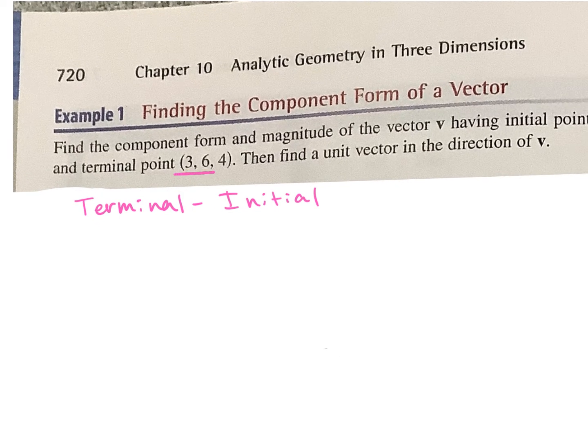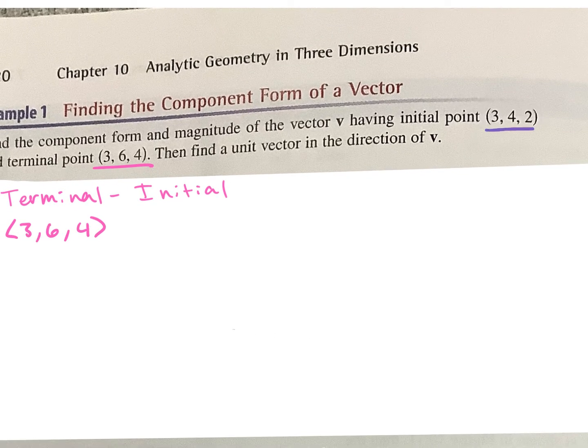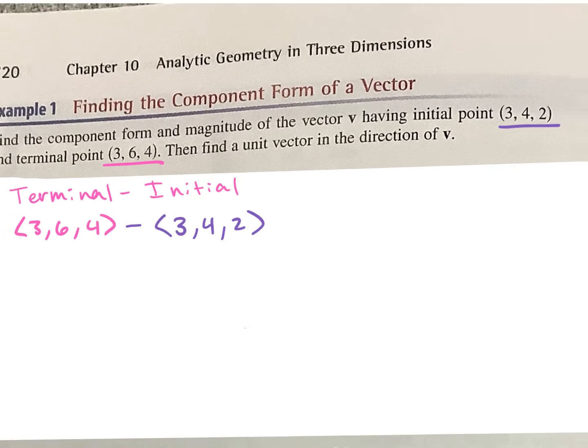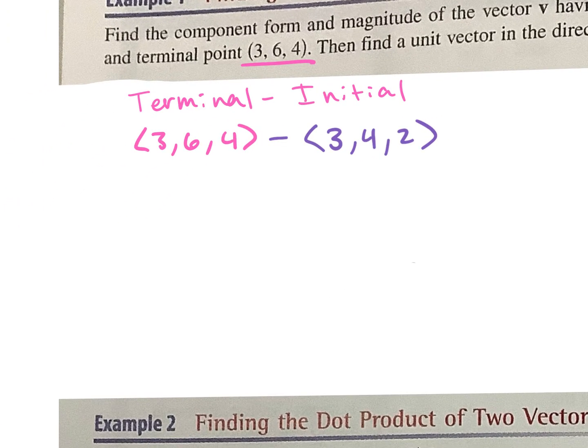So we start with our terminal point, which is (3, 6, 4). And then our initial point is (3, 4, 2). And we just subtract. Oh, these are points, so they should have parentheses.